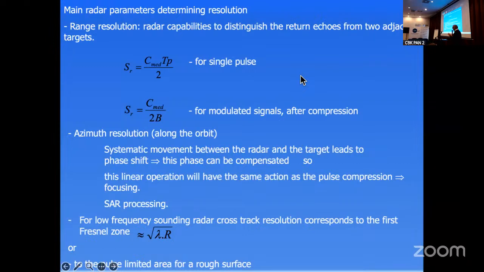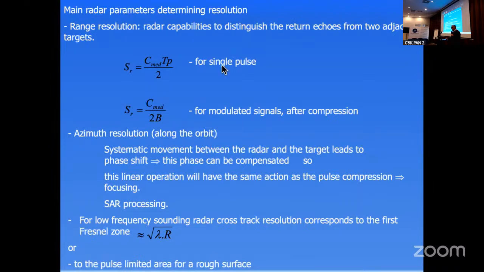The main radar parameters are, firstly, range resolution. The resolution is defined as the separation between two signals which we can distinguish. But the resolution also includes, if the signal is coming from a volume, the volume from which we see the signal coming.